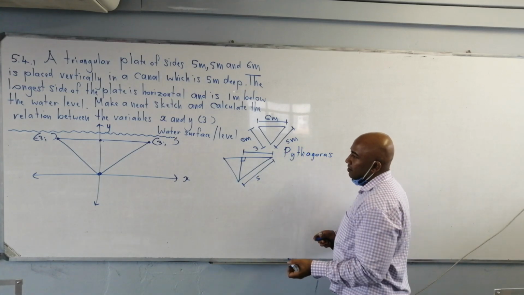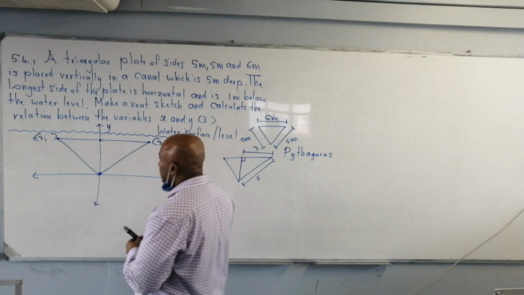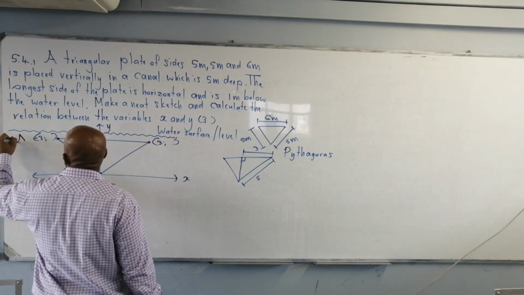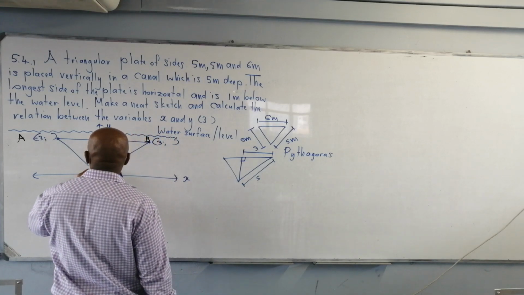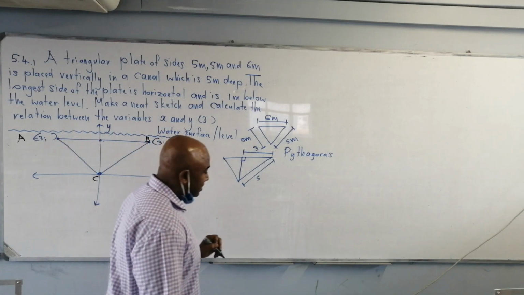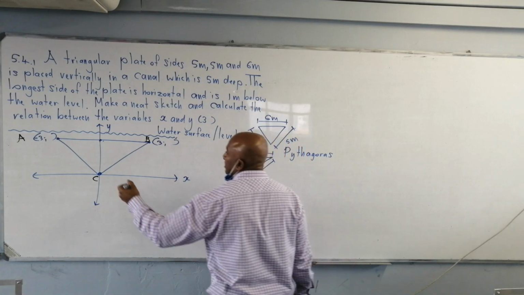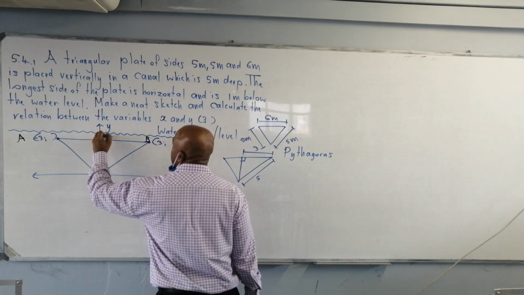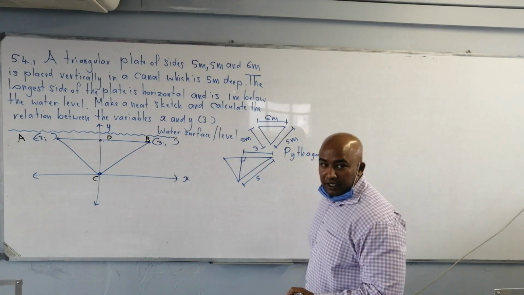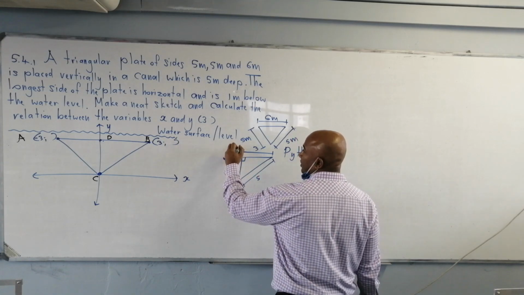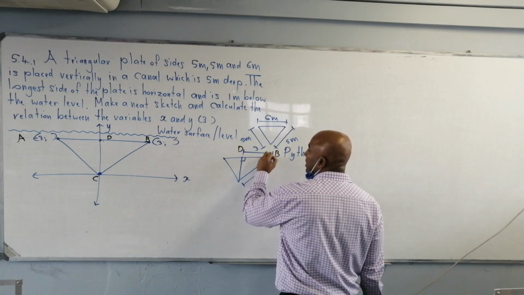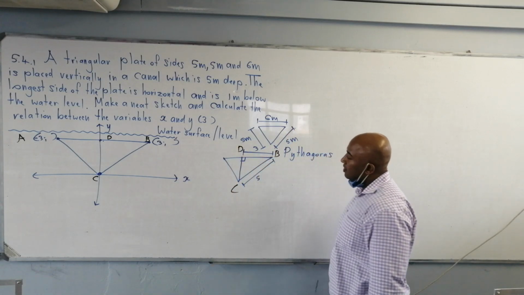Let's label them properly now. Let's call this A, this B, this C, and this part here D.